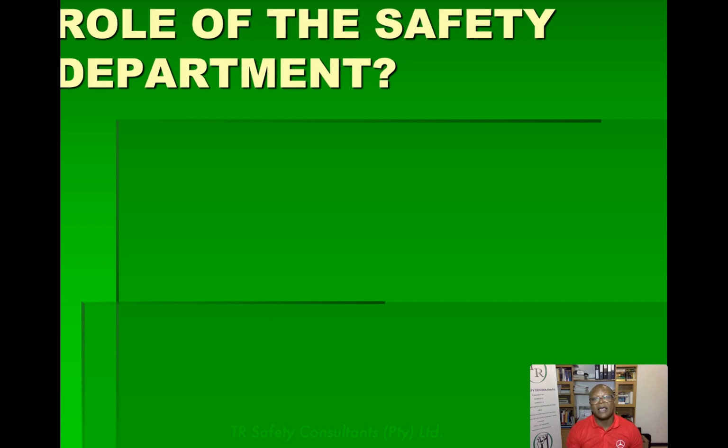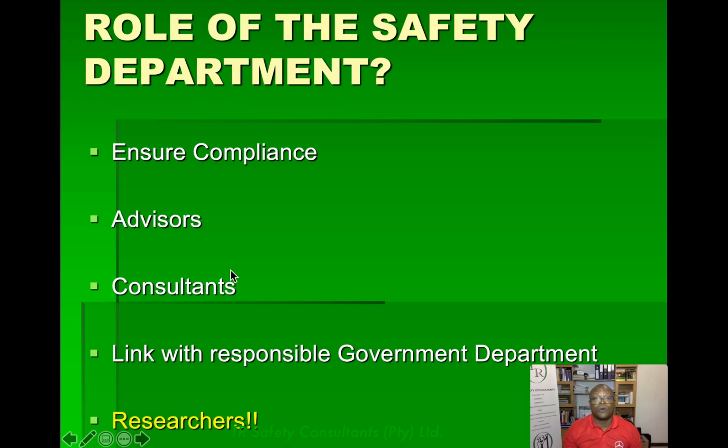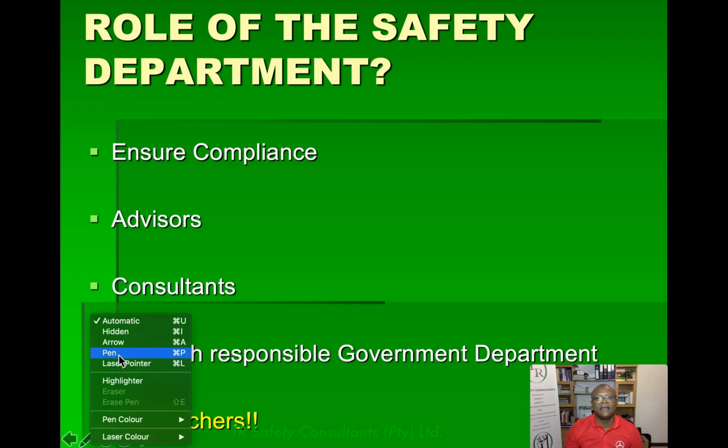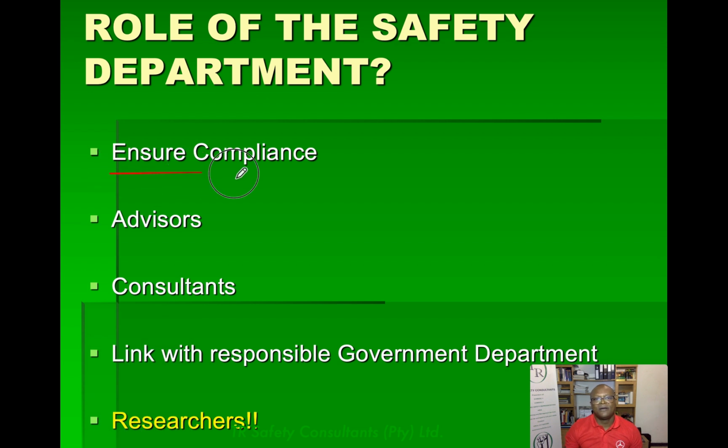And here are the roles. They ensure compliance in the organization. What compliance? We are talking about compliance in terms of the Mine Health and Safety Act, industry guidelines, COPs, international guidelines, and compliance in terms of your organization's policies and procedures.